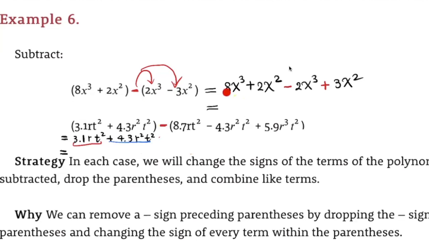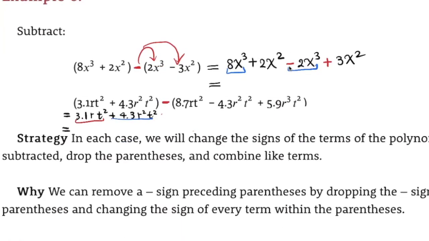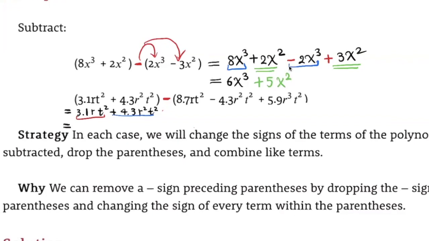So this one and this one are like terms. Combine, what do you get? 6x cubed. And then combine this one and this one. We got 5x squared, right? Okay, done with that one.